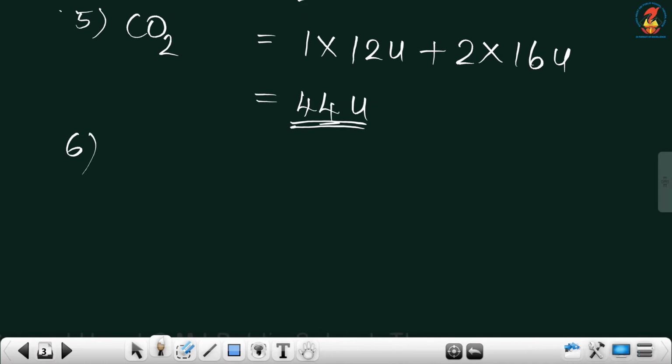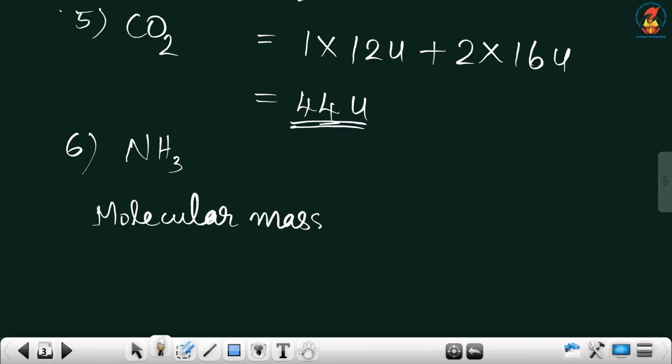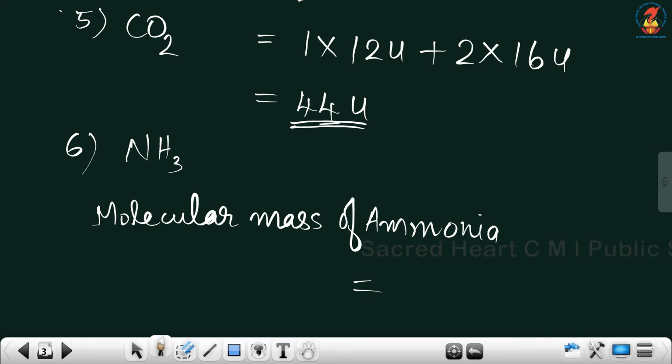Then sixth example, ammonia. How will you calculate the molecular mass of ammonia? Here you have to write like this: molecular mass of ammonia is equal to how many nitrogen atoms? Only one.